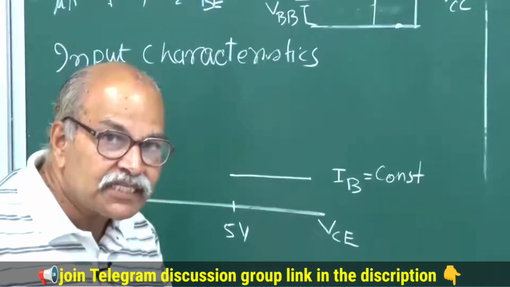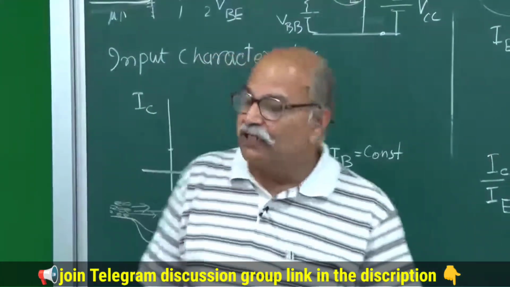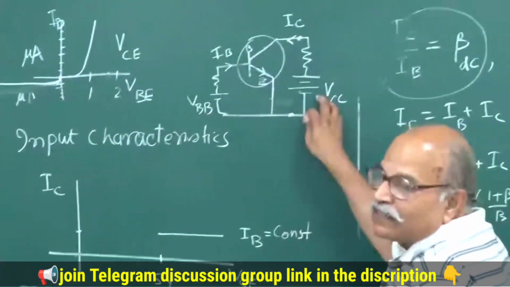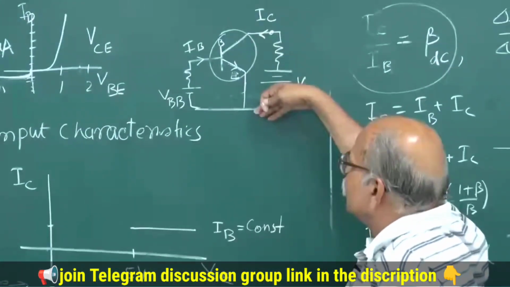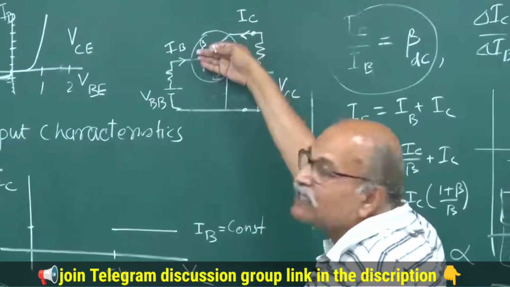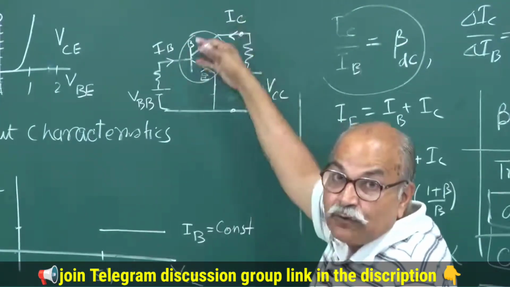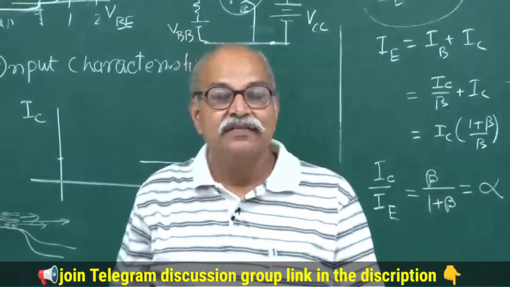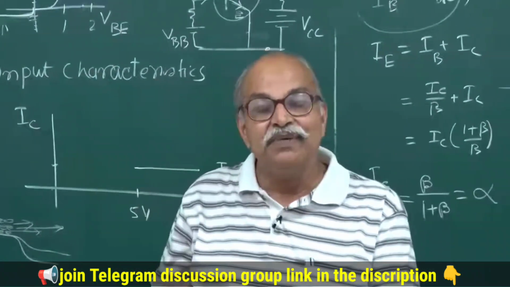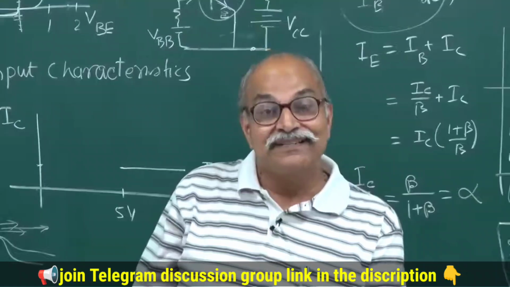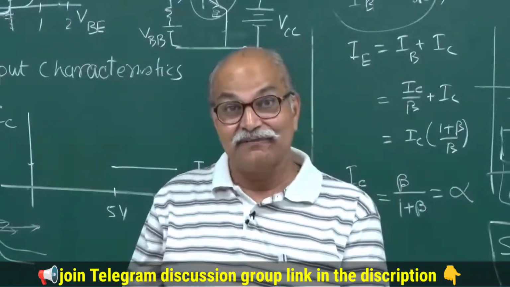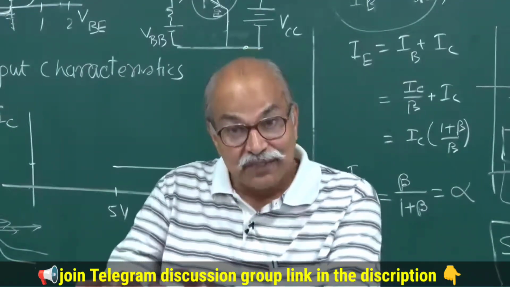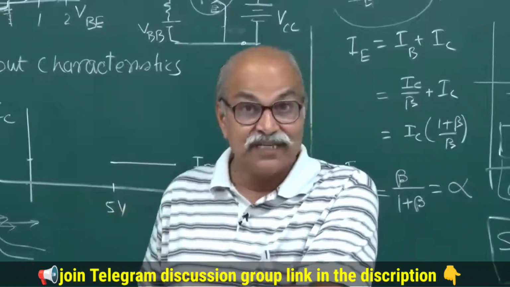And if you reduce this reverse bias, if you reduce this VCC, if you reduce this VCE and this VCB, then at a certain stage it may not be able to draw beta times IB current, because it may not be able to draw that fraction of electrons into it.